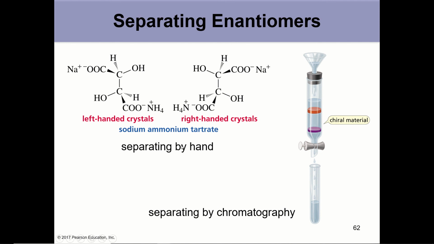This would be one method of separating the enantiomers. The enantiomers also have a slightly different retention time by high performance liquid chromatography, or HPLC. We could separate them using this method as well. You are not expected to know what the methods for separating the enantiomers are.